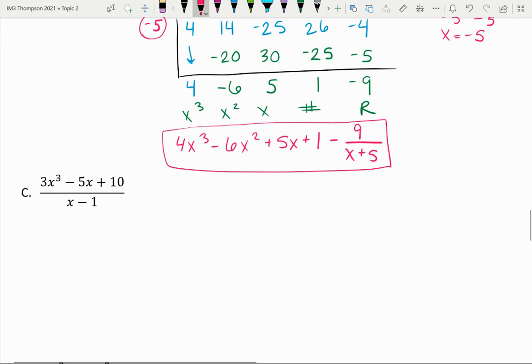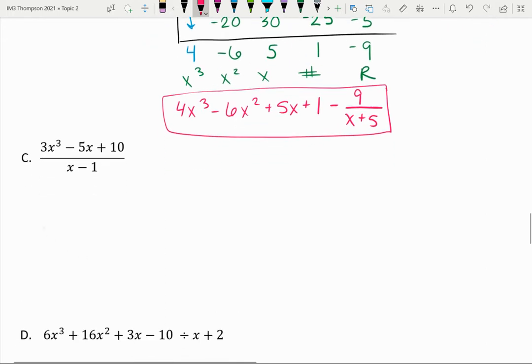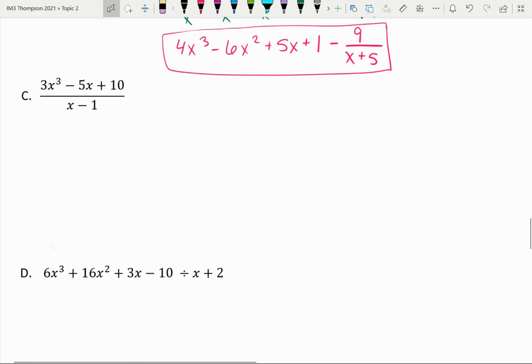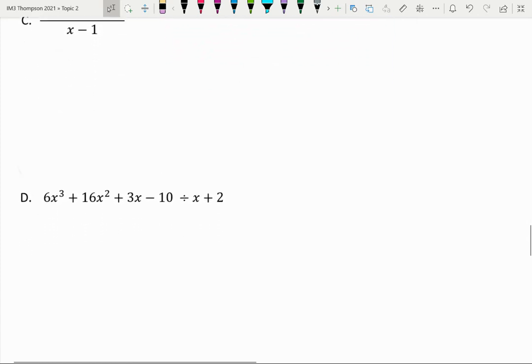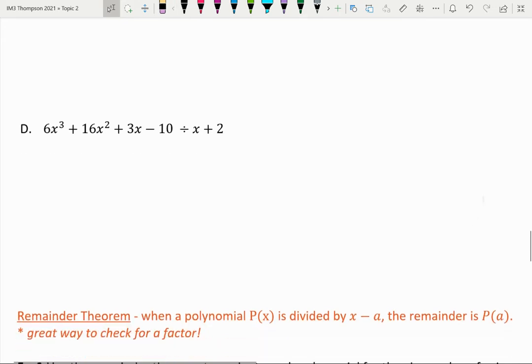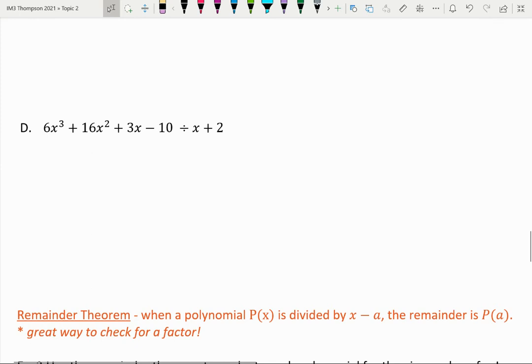I'm going to go out of order. And I want to go down to D. And before I write it up there, go ahead and just try to do the setup for problem D. So 6x cubed plus 16x squared plus 3x minus 10 divided by x plus 2.